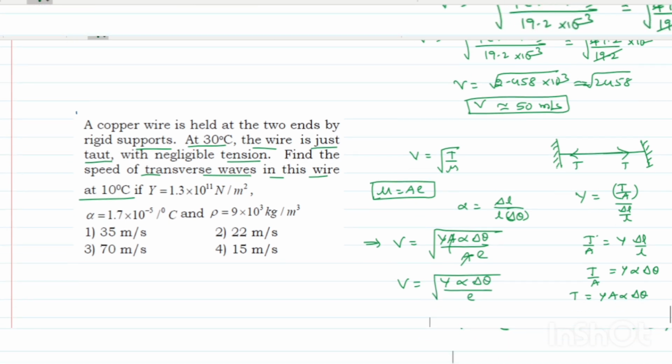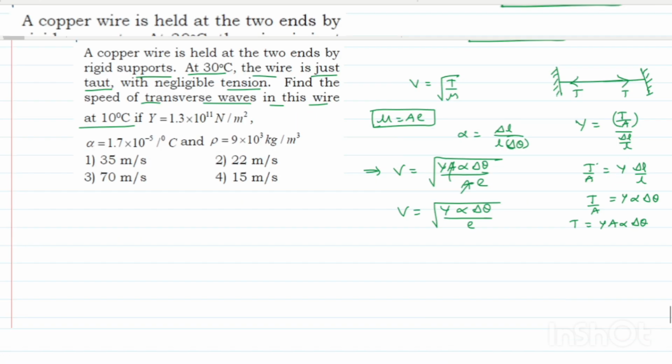Now I substitute these values: v equals root of Young's modulus, given as 1.3 into 10 power 11, and the coefficient of linear expansion alpha, given as 1.7 into 10 power minus 5.